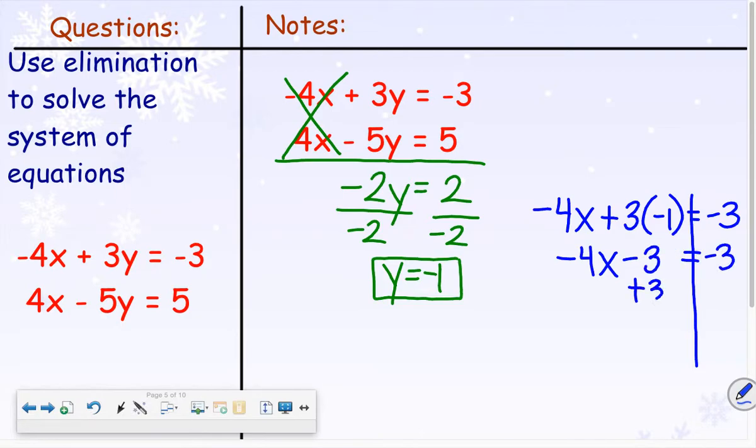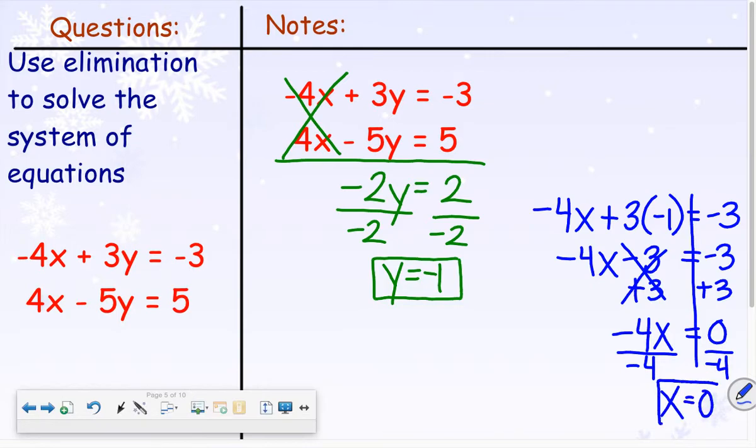Add 3 to both sides. So negative 4x equals 0. Divide both sides by negative 4, and I have x equals 0. Write my final answer as an ordered pair: (0, negative 1).